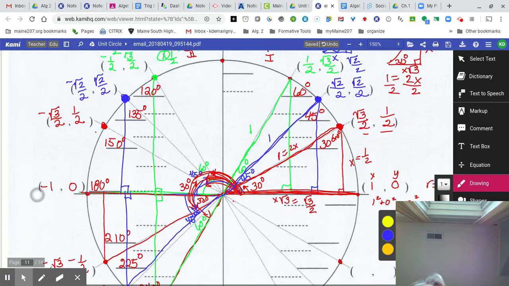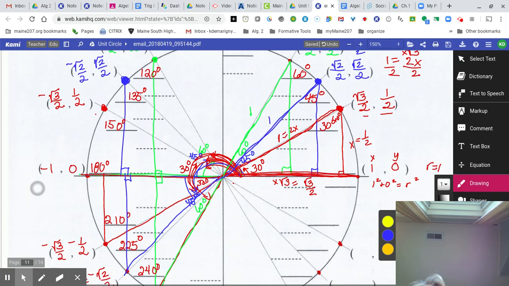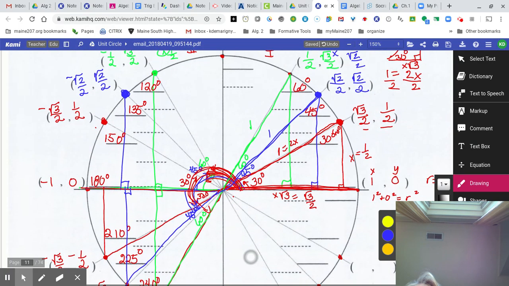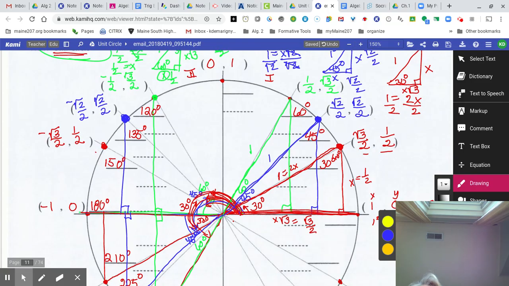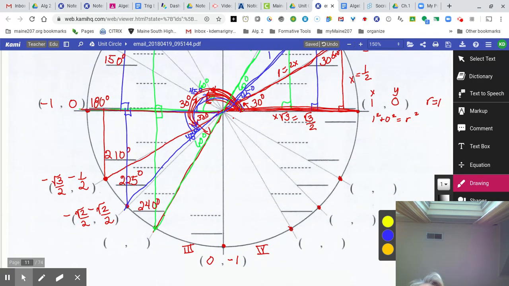And then the last one, remember, is my 60 degree reference. So if my ordered pair is 1/2, root 3 over 2, then I'm going to make sure that I write this as 1/2, root 3 over 2. Now, have you noticed that these two are the same ordered pair, just reversed?